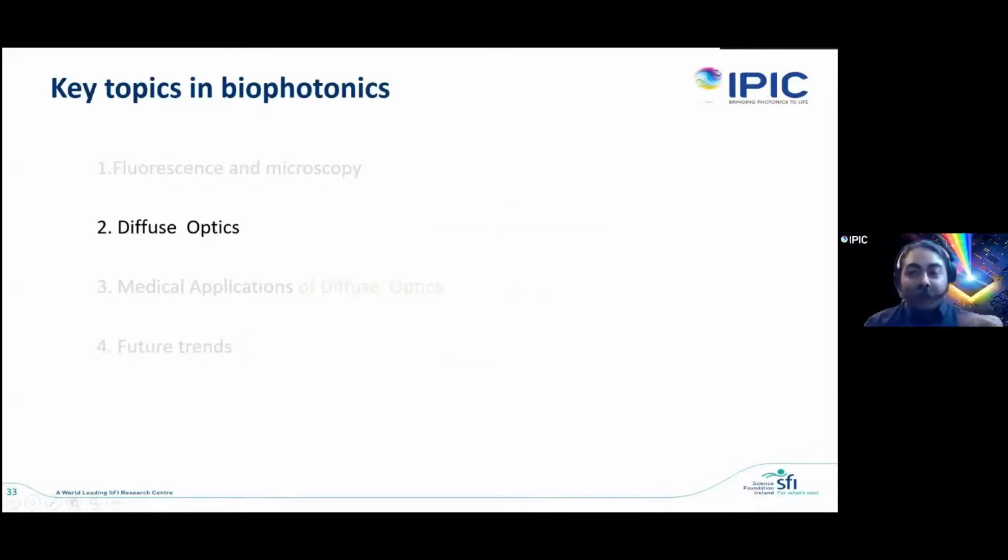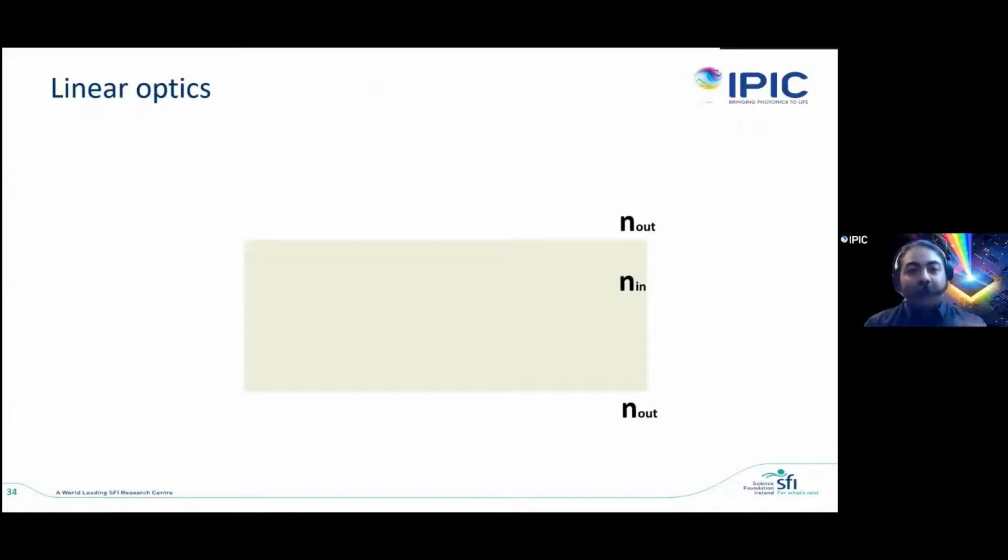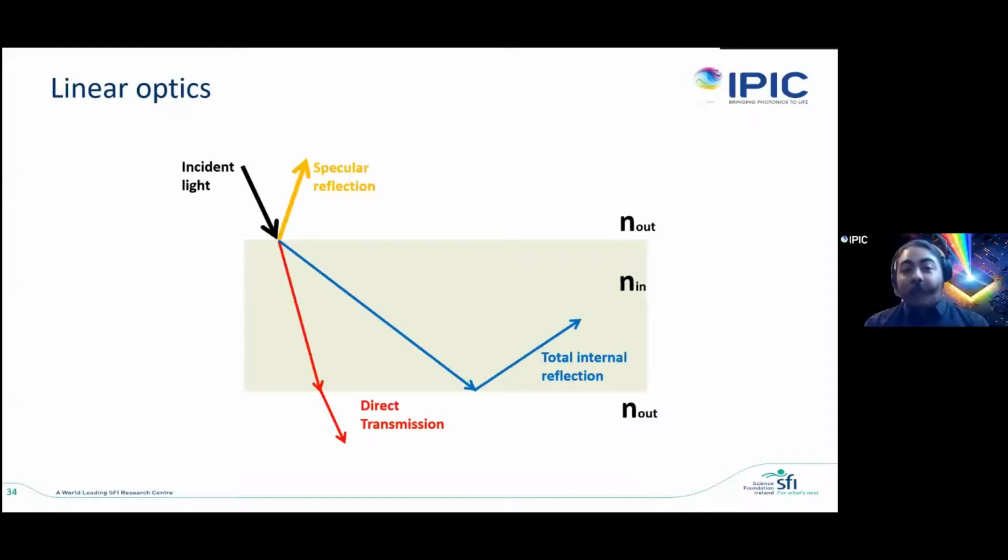In diffuse optics, we can compare what we expect from the behavior of linear optics and diffuse optics, just to understand how it works. In linear optics, we have the light coming in a line. If we have a transparent medium with a refractive index inside and outside, we can have a certain specular reflection when the light reaches the medium.